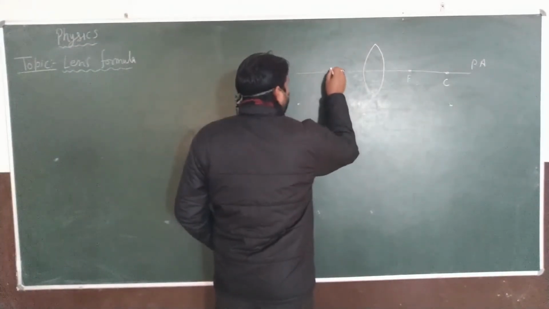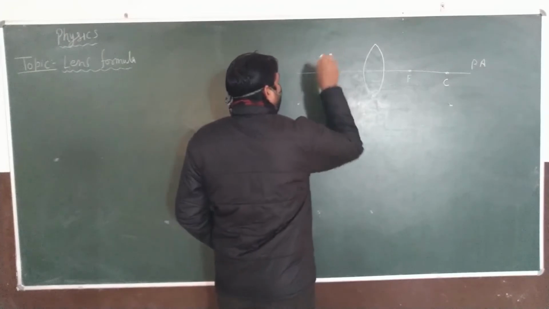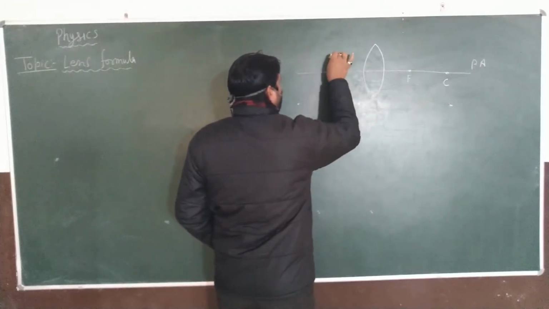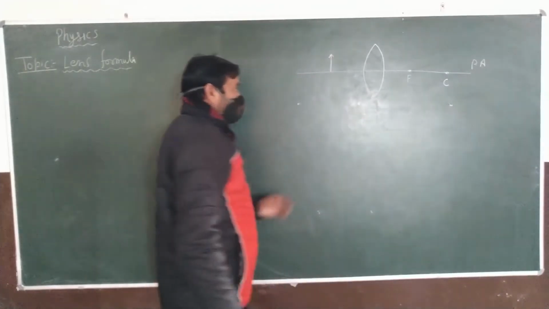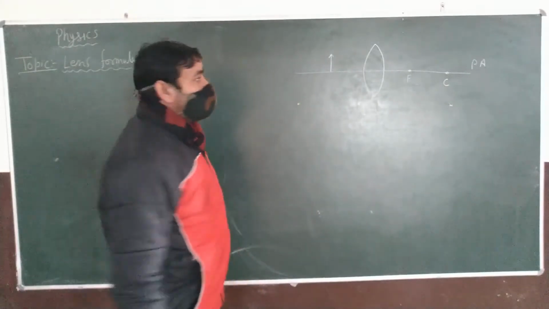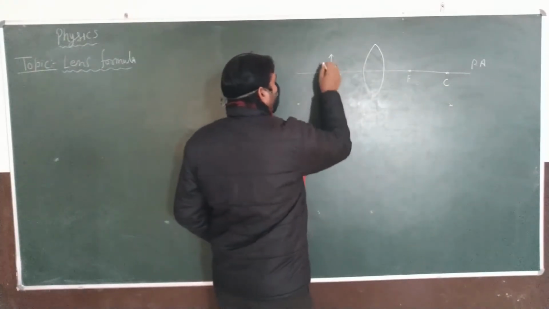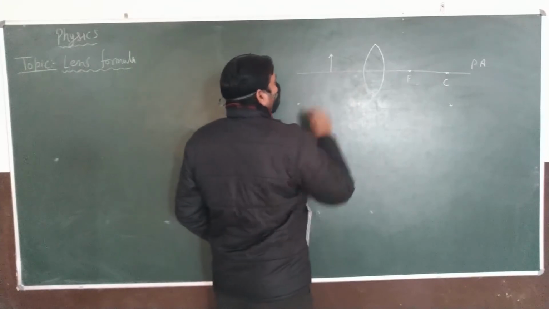Okay, on the left side of the lens, beyond the lens, an object of height h is placed.